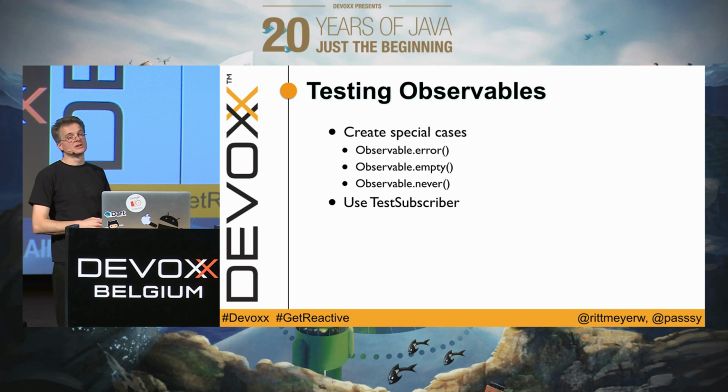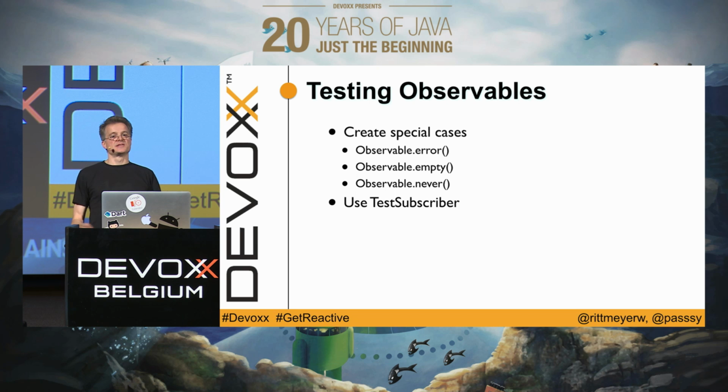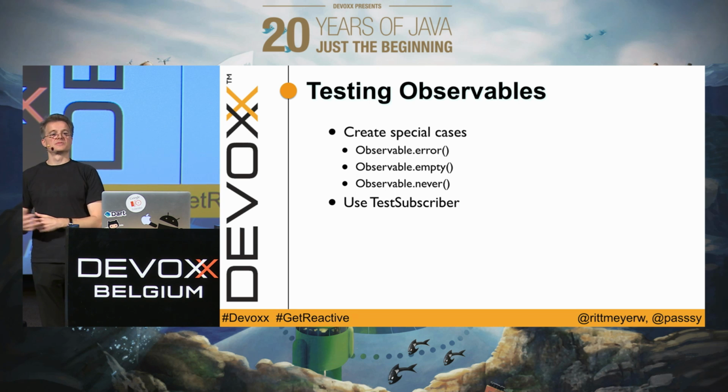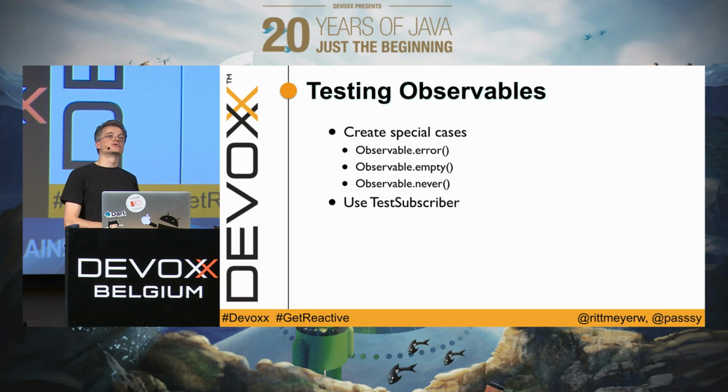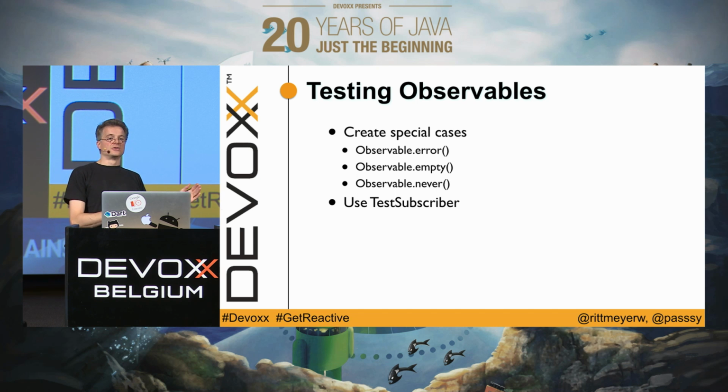And you can use those special operators on the top to create edge cases. Say you want to test if your error handling works as expected, you could use Observable.error to create an observable that just calls onError directly. Or you could use Observable.empty, which will call onCompleted directly and not emit any items.